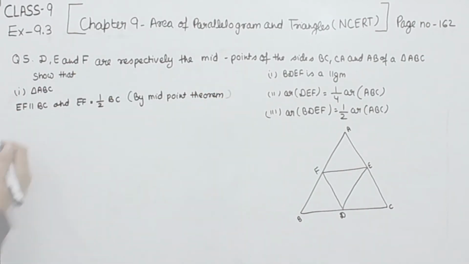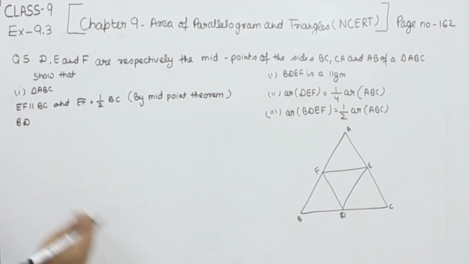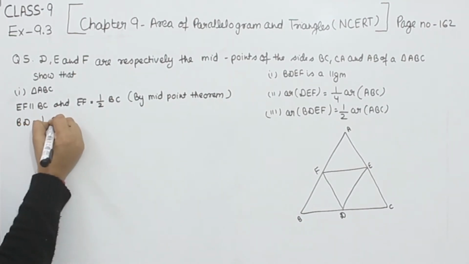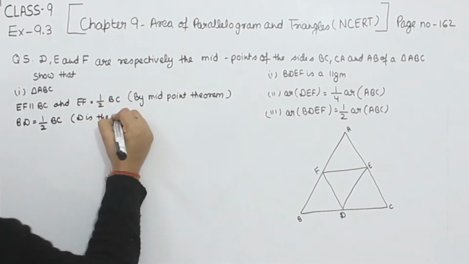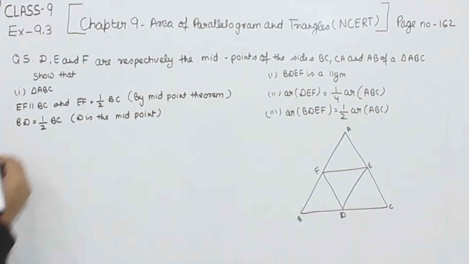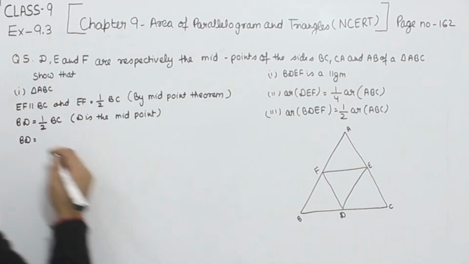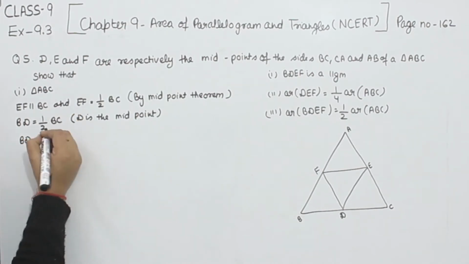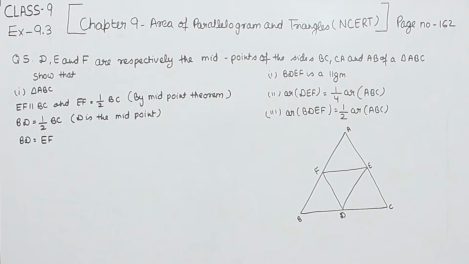Similarly, BD is half of BC because D is the midpoint. So BD is equal to EF. Half of BC is equal to BD, so BD is equal to EF.